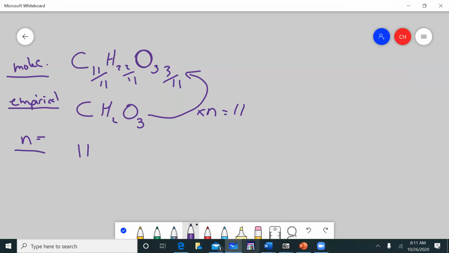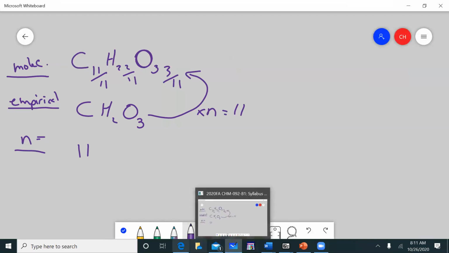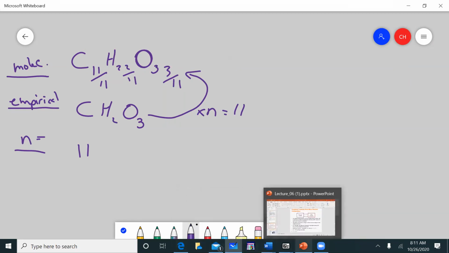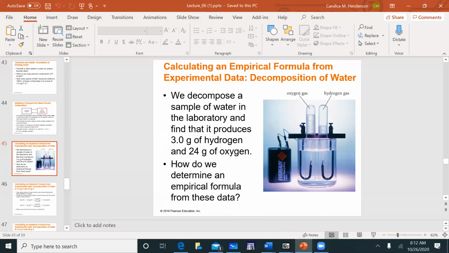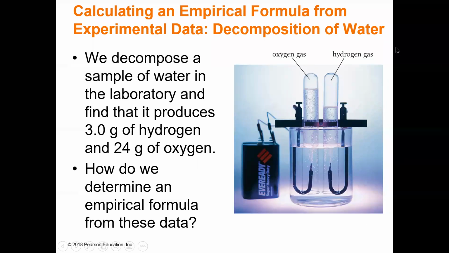So why are we talking about that? Well, that comes into play when we do some of these problems. Okay, so let's talk about the decomposition of water. So you know the formula for water. I trust that you know the formula for water, but we're going to prove the formula for water.